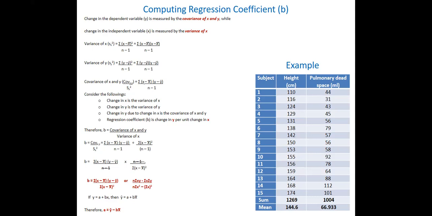If the child is not growing very well, maybe there is no good perfusion, but we know that if you have to consider the two variables, the height will determine the pulmonary dead space. In that situation, the height will be X, the independent variable, and the pulmonary dead space will be Y, the dependent variable.